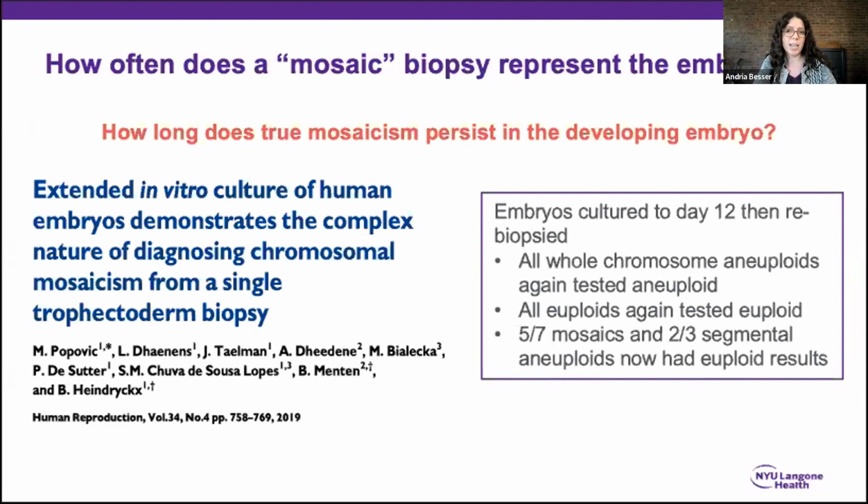You can see that the sample sizes were very small here because a lot of the embryos didn't survive in culture until day 12, so it was a difficult study to perform. But the results that they were able to get showed that mosaic and segmental aneuploid results just overall have a much more limited ability to predict the chromosomal composition of embryos at a later developmental stage.